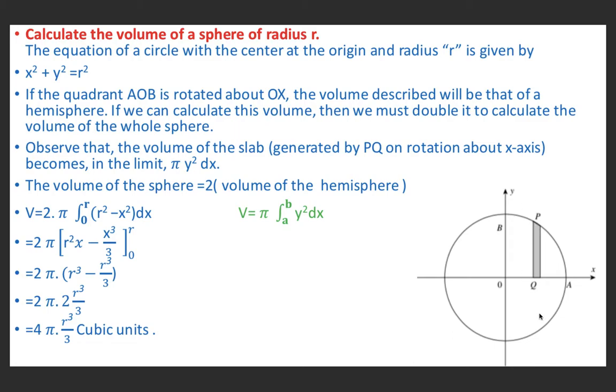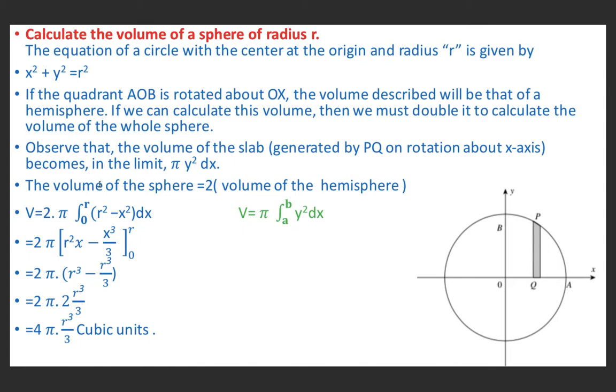If we can calculate this volume, then we must double it to calculate the volume of the whole sphere. So observe that the volume of the slab PQ about the x-axis is nothing but pi y square dx. dx is the thickness of this slab.